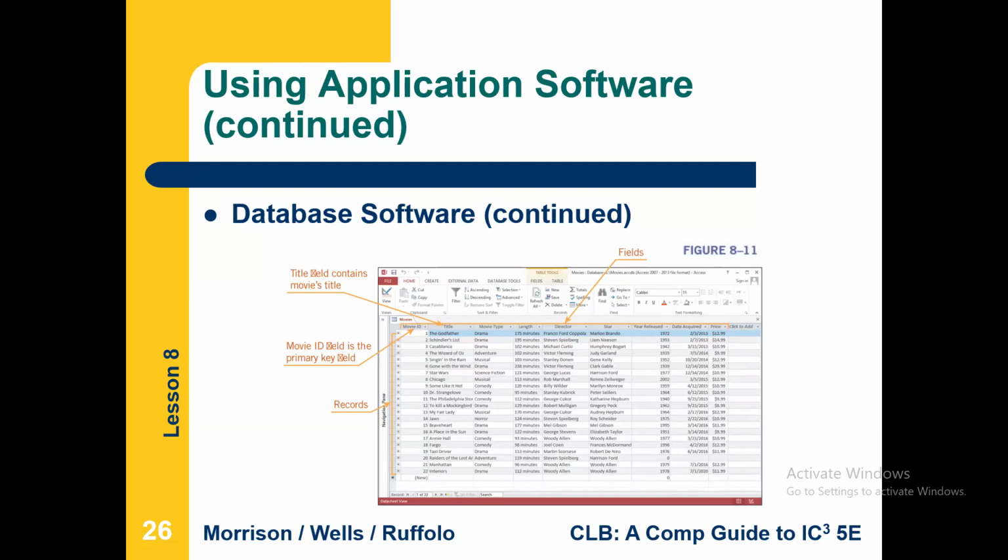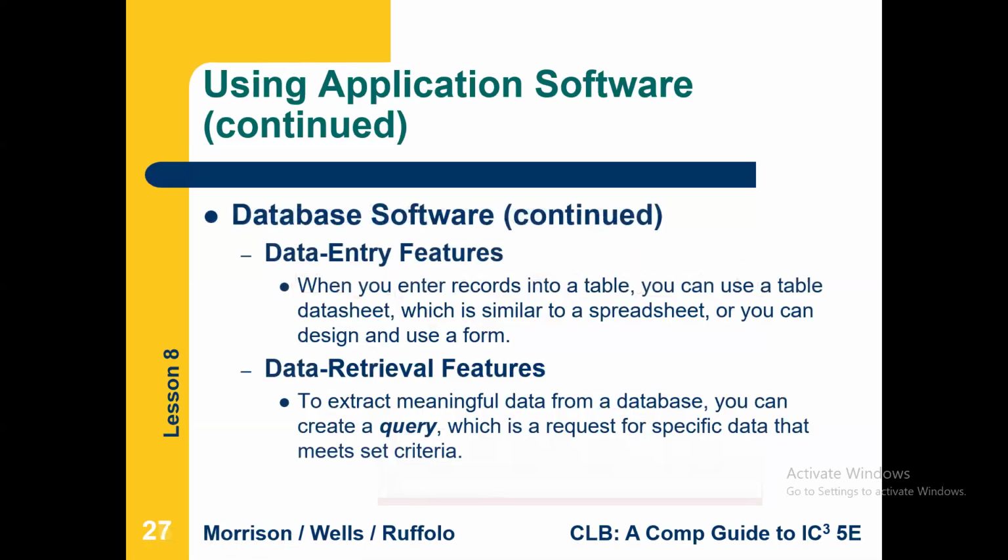So the movie ID, the title, movie type, length, director, star, year released. Those are the fields, the elements that we are interested in about the movie. Then you can see that the rows, the horizontal ones, represent what is known as a record. So we say the rows are records, and the columns are the individual fields that we have.